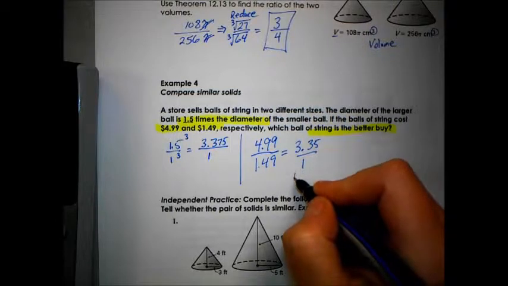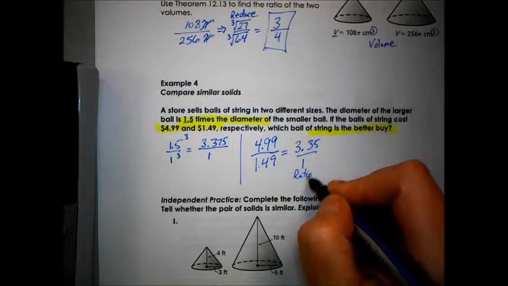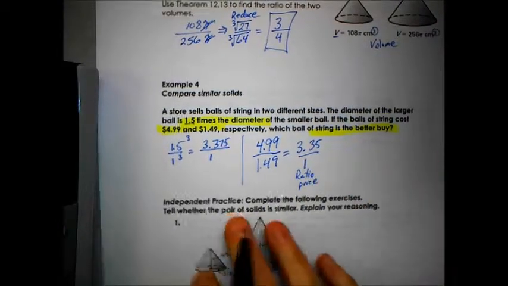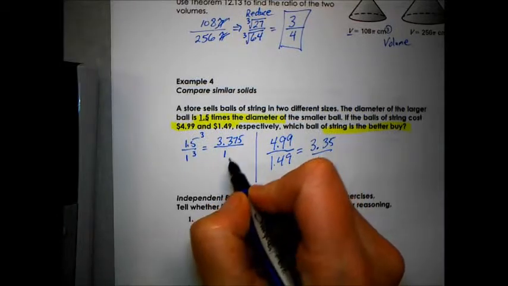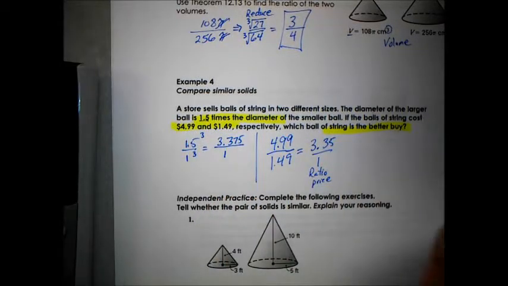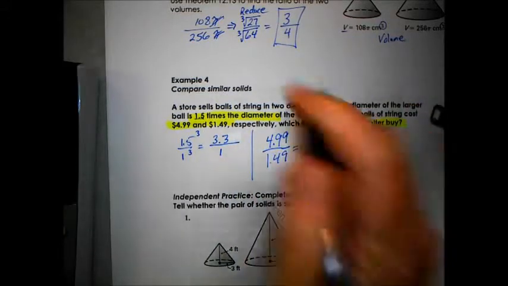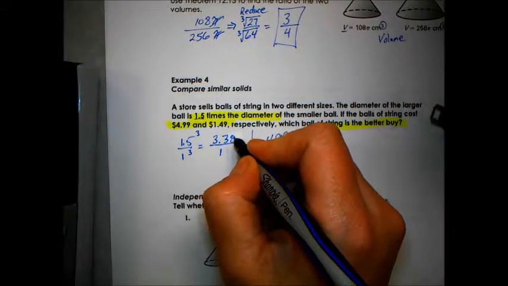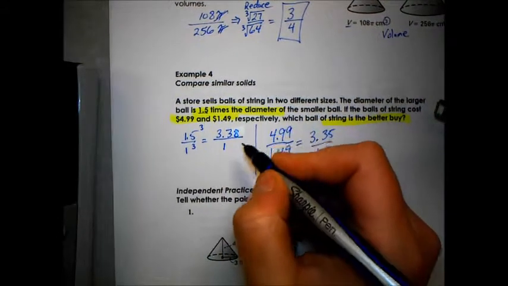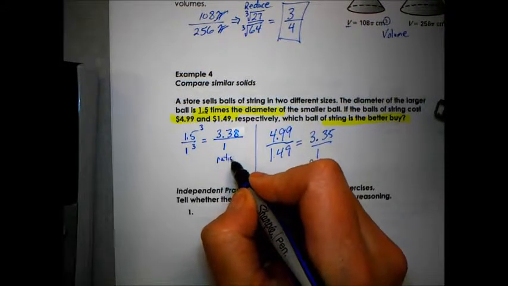This represents the ratio of price. And this one, that would actually be an 8. If I wipe that out, that'll actually be an 8 because we're dealing with money. So this is the ratio of the diameter.